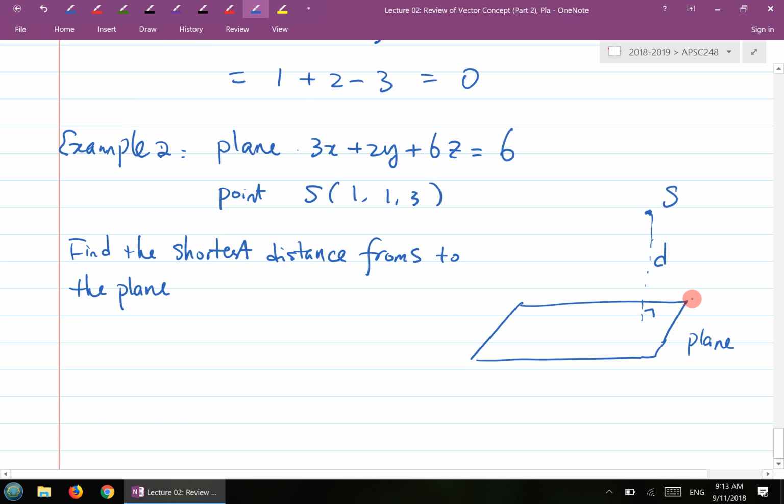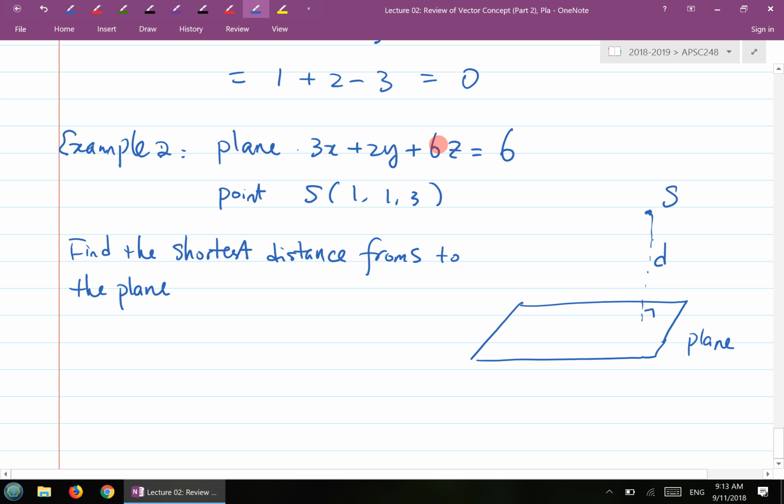So how do I approach this kind of question? As I mentioned, it's always about either dot product or cross product. But if you cannot think straight at the beginning, your first step is to write down all the available information first. What's available? Of course, the point is available, and the plane is available.